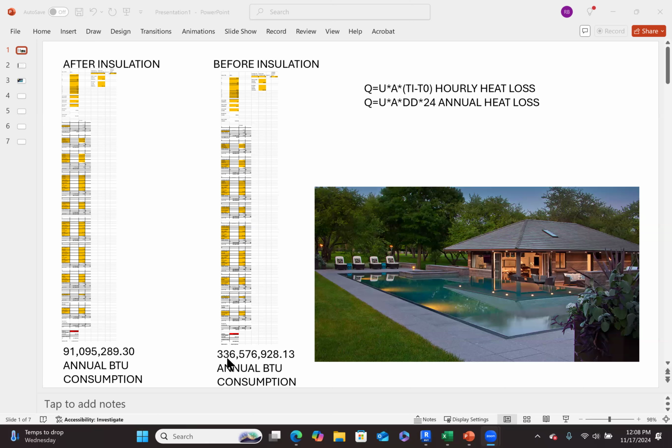Also, if I were to continue to add the same amount of BTUs to that house annually that was added previously to the house after I had insulated it, you can imagine that that house on the inside would be incredibly warm.